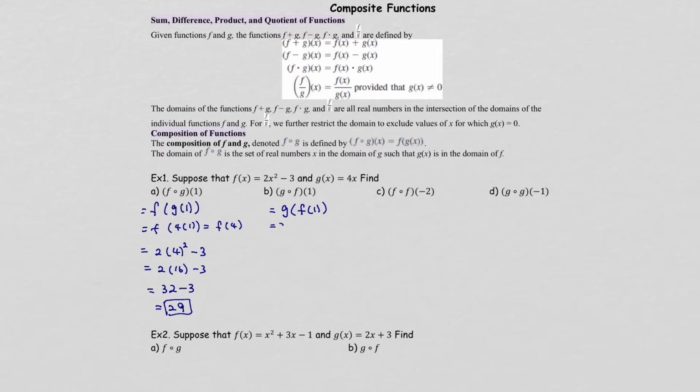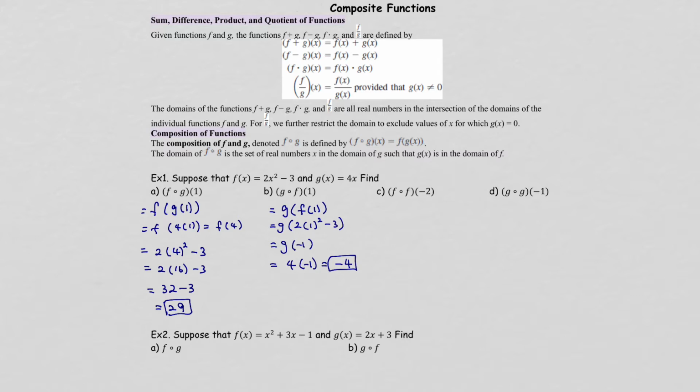So when you replace 1 into f of x, you get 2 times 1 squared minus 3. That gives you 1 squared is 1, times 2 is 2, 2 minus 3 is negative 1. And when you replace negative 1 into g of x, it will be 4 times negative 1. So that gives you negative 4.